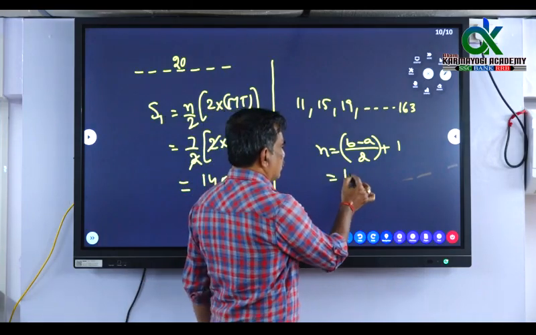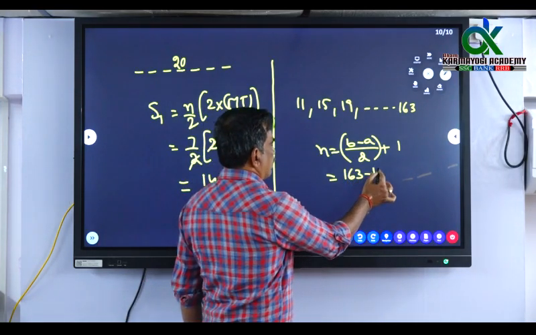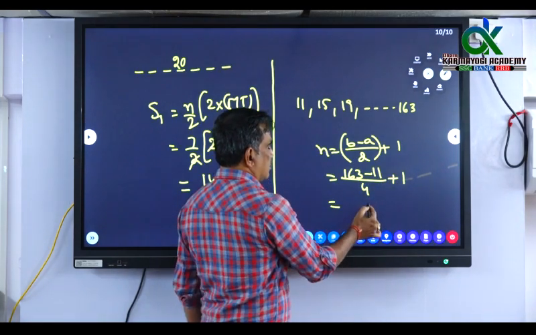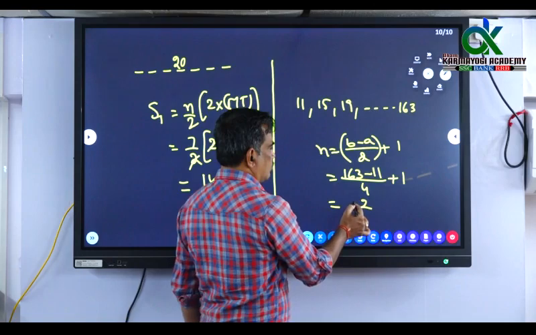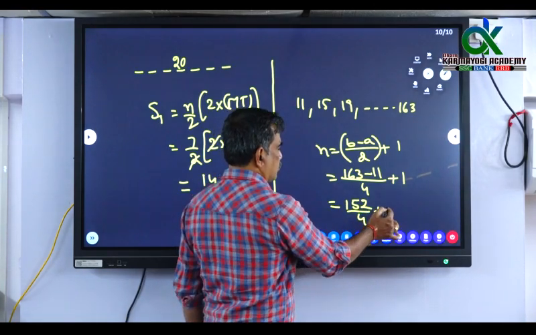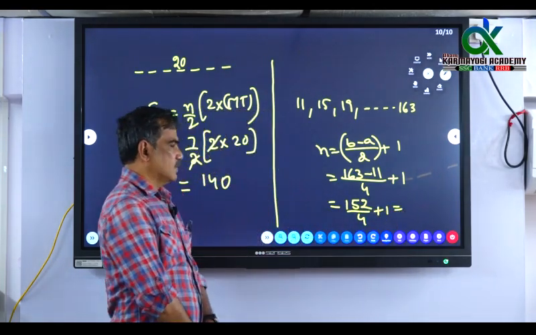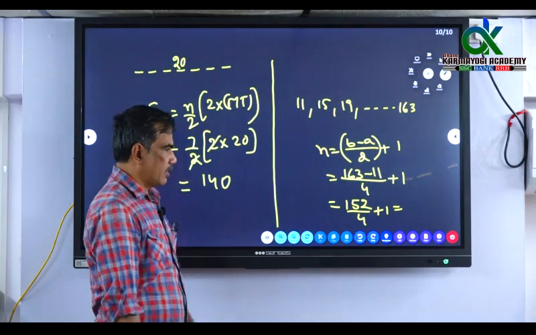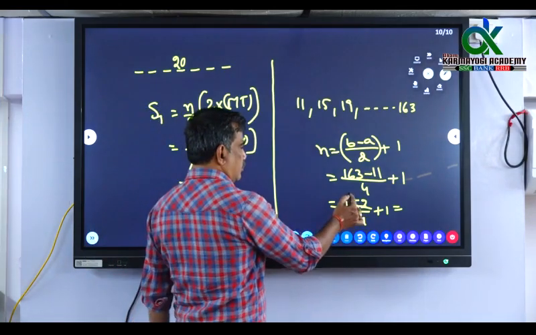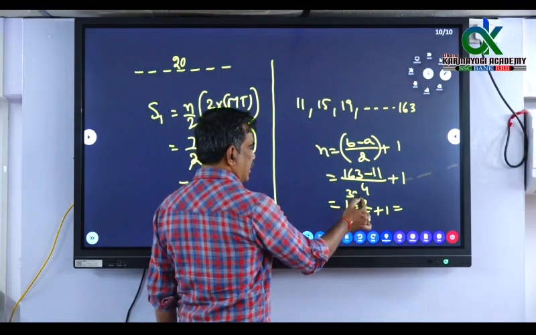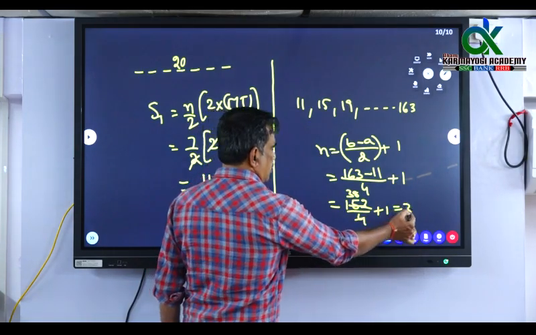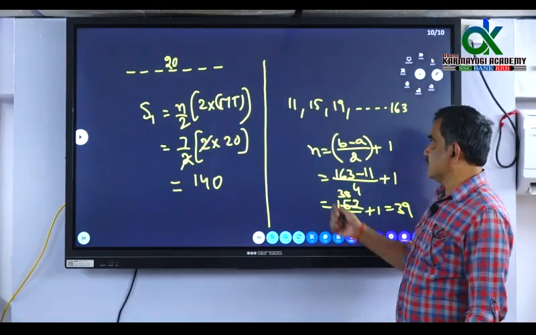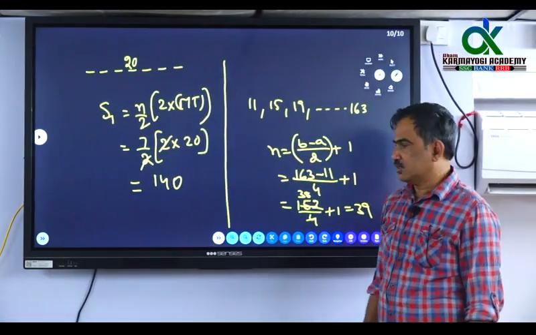Then what do we get here? (163 minus 11) by the common difference 4, plus 1. 152 by 4 is 38, plus 1. 4 threes are 12, 4 eights are 32. How many terms are there? 39.